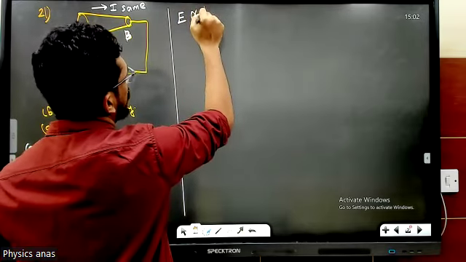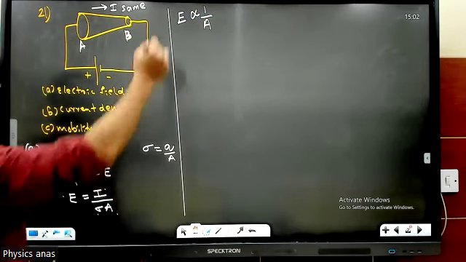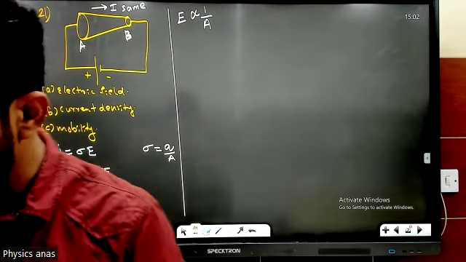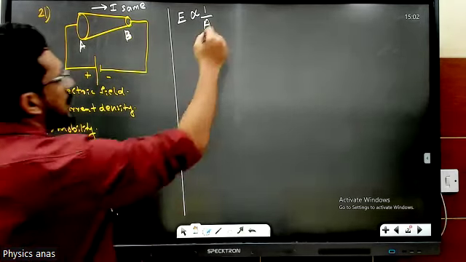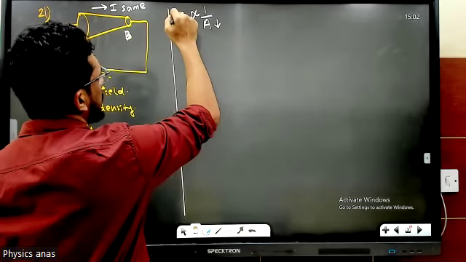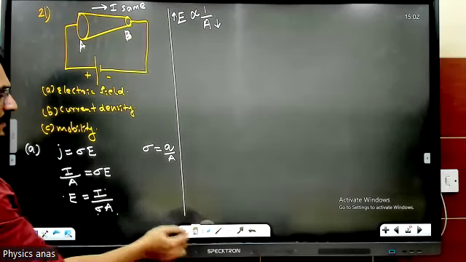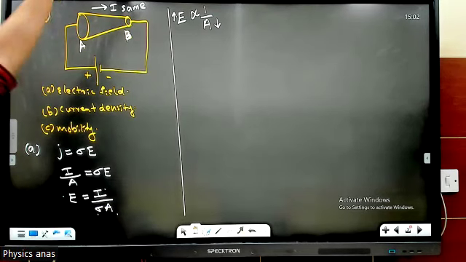From this equation, E is inversely proportional to area. As area decreases, the electric field will increase.